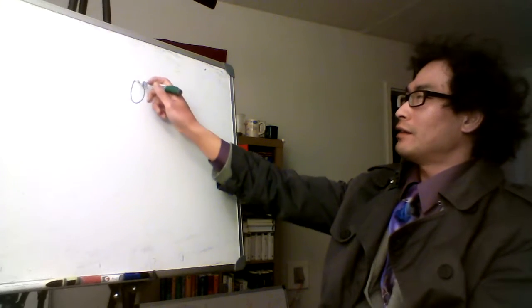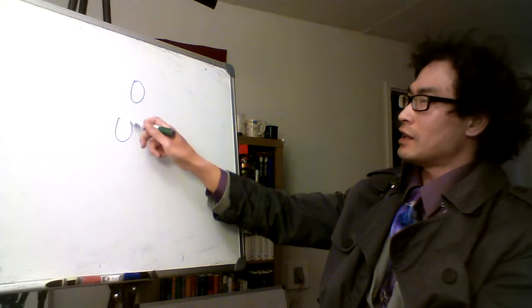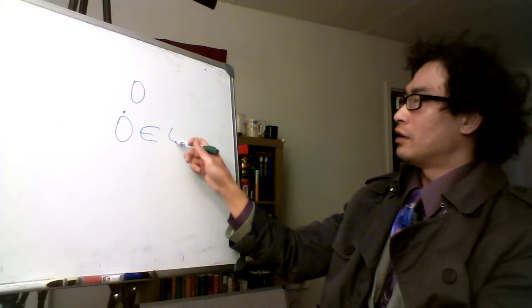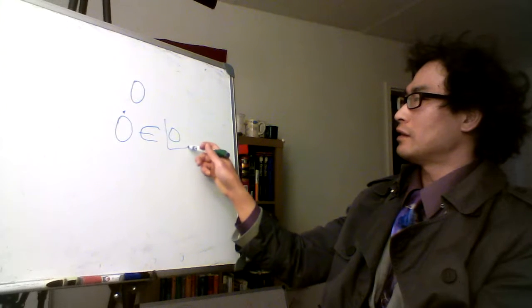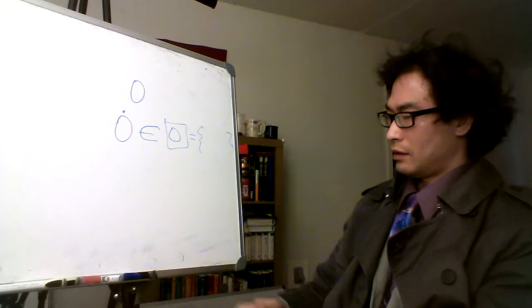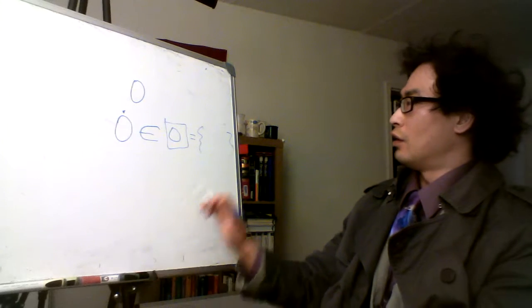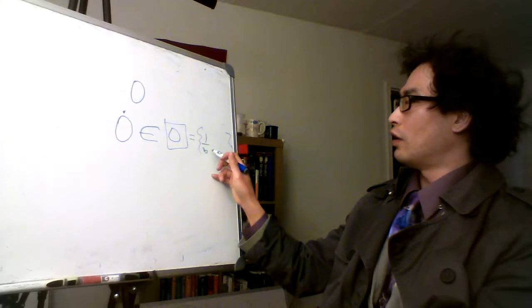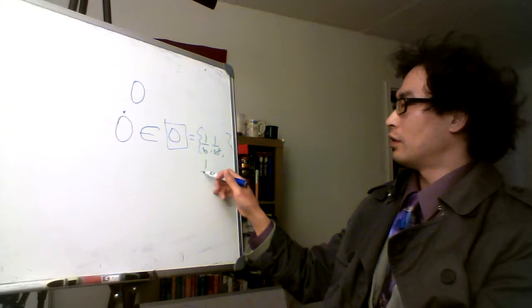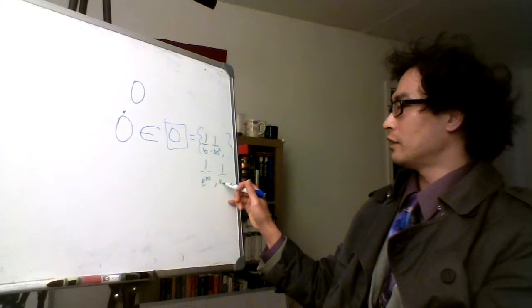Okay, so you have zero, and you have infinitesimality, which is an element of a set of infinitesimalities. That includes 1 over infinity, 1 over infinity squared, 1 over e to the infinity, 1 over ln infinity, whatever.